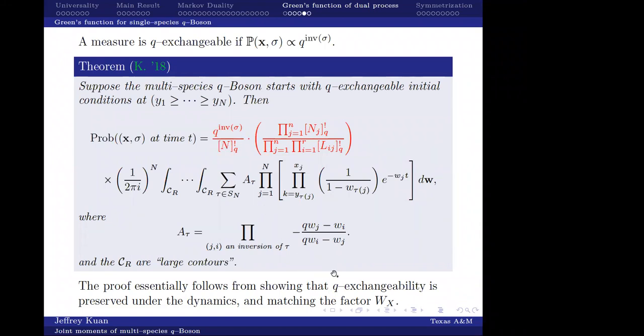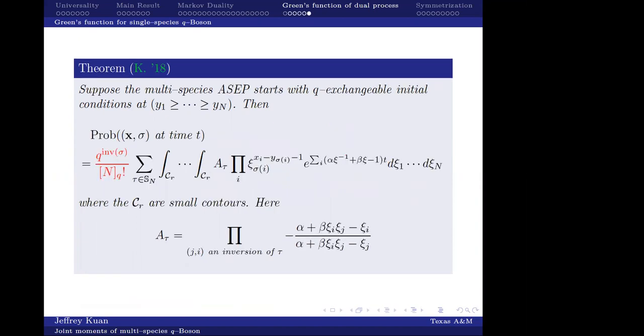So you basically just show that q-exchangeability is preserved, and you do some combinatorics of the symmetric group to match the prefactor there. Right. And then here's a similar form as for ASEP. So the fermionic case where there's only one particle is a little simpler.